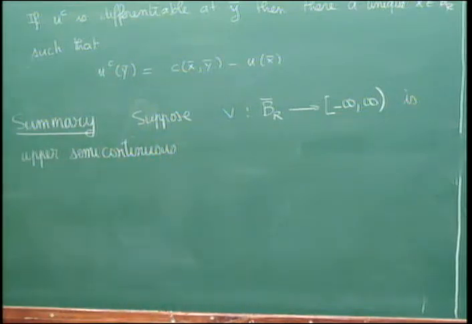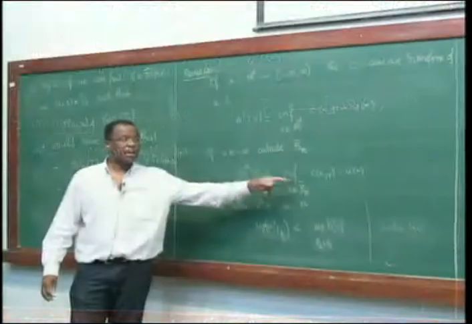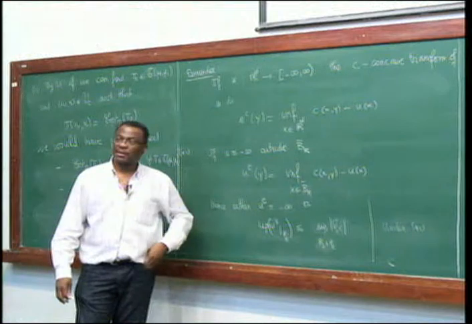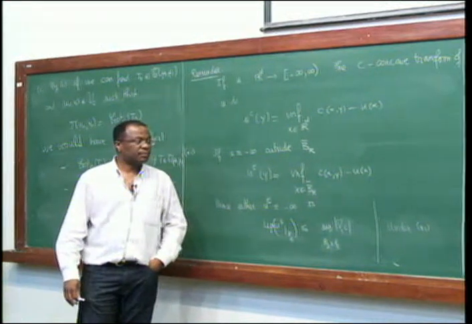Okay, so this may look different from what I was saying. In fact, I am going to take that V and extend it to be negative infinity outside the ball. So defining V on that closed ball is equivalent to defining V on R^D and imposing that it is negative infinity outside. But since I am going to minimize only on the ball, I will not worry about V outside the ball.